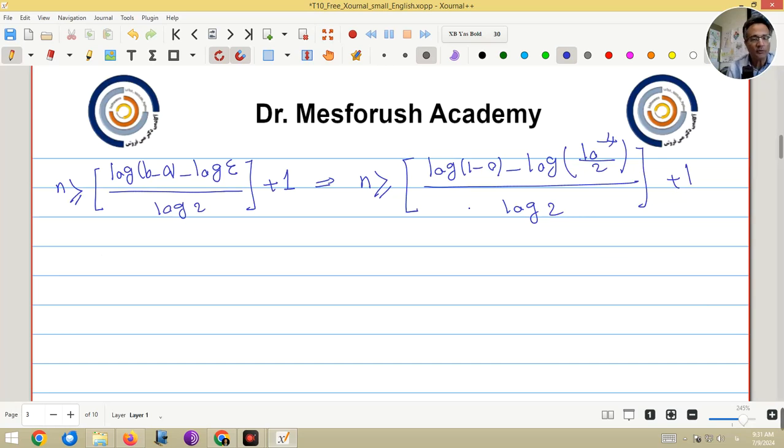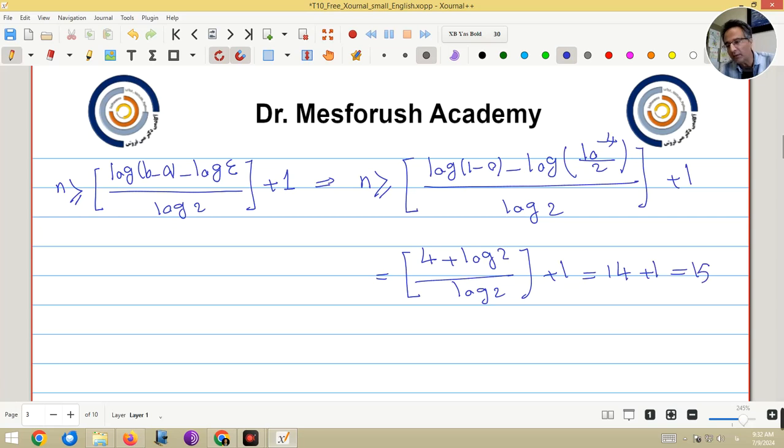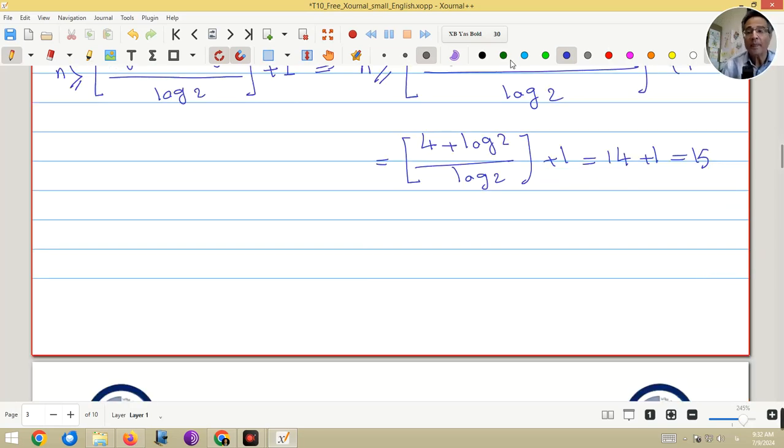If you compute this value, it will in fact be 4 plus log 2 over log 2 plus 1, which is 14 plus 1, and it is 15. So at least we need 15 iterations to get the desired error. This is the first problem. But the second one is much easier than the first one.